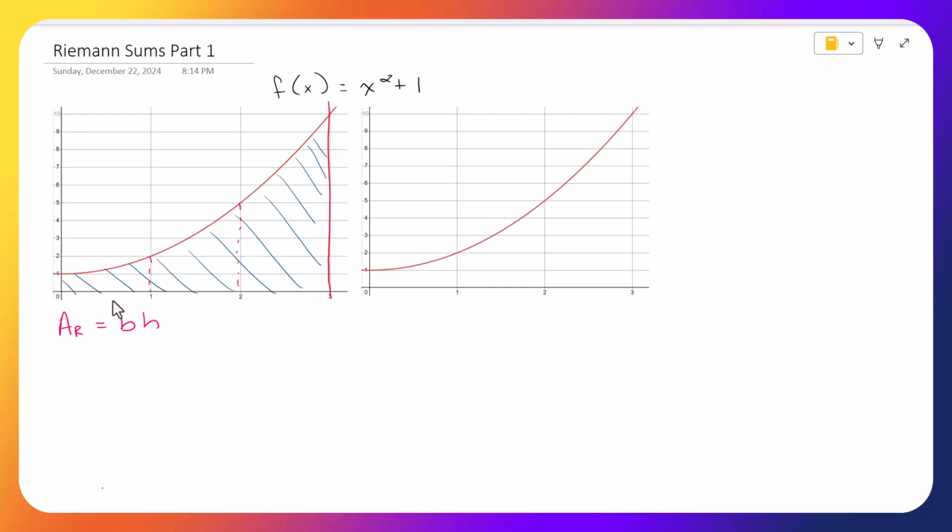The base of our rectangle, well, we have 3 rectangles. Let's start with this rectangle right here, it has a base of 1. And really, all 3 of our rectangles have a base of 1. So let me actually make a little bit of labeling. Let's call this rectangle 1, rectangle 2, rectangle 3.